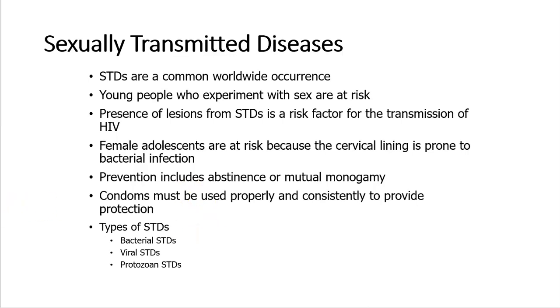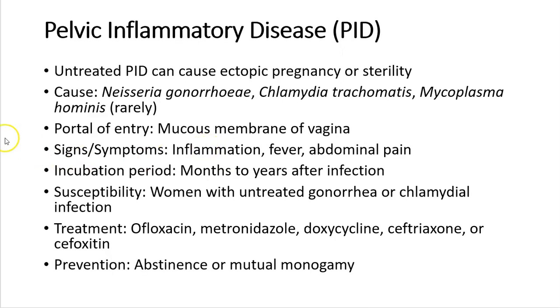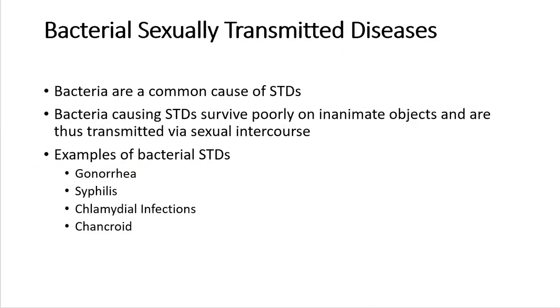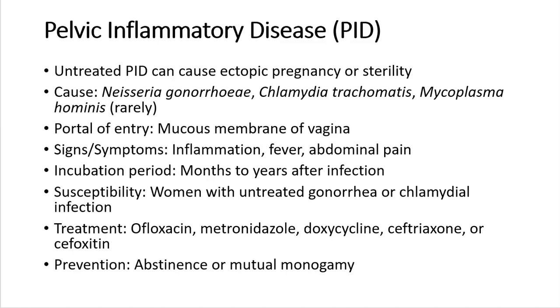But there are some factors that can set you up for this. Okay, so let's look at these. First of all, pelvic inflammatory disease. Untreated PID can cause ectopic pregnancies, and in case you don't know what that is, where the fertilized egg implants in the fallopian tube versus the uterus.